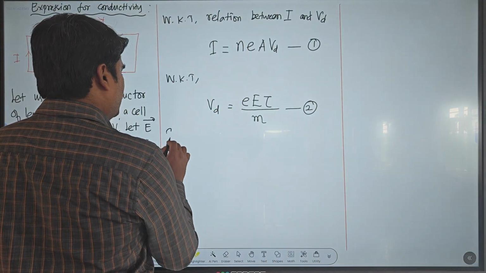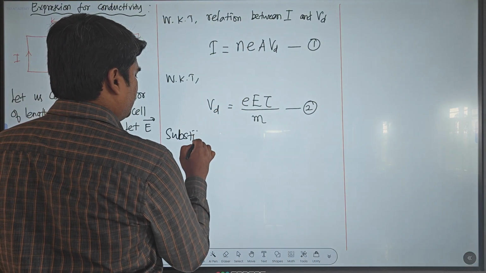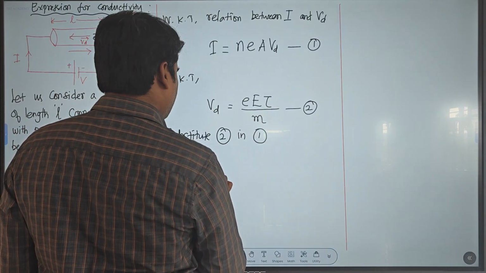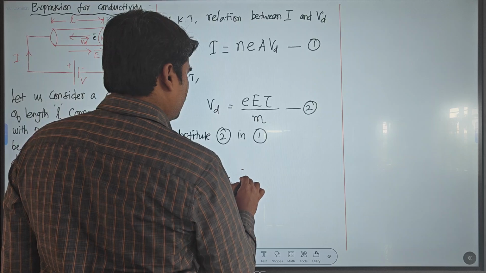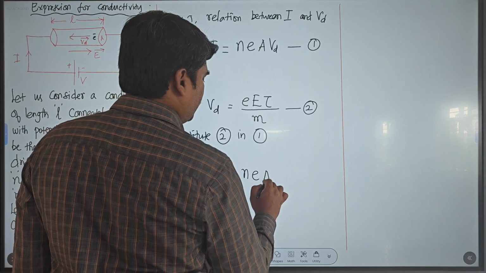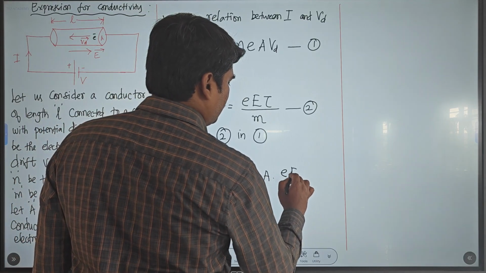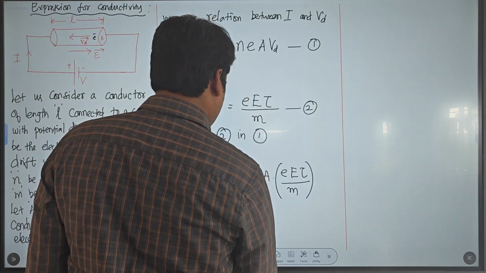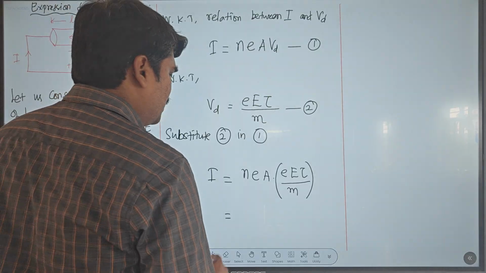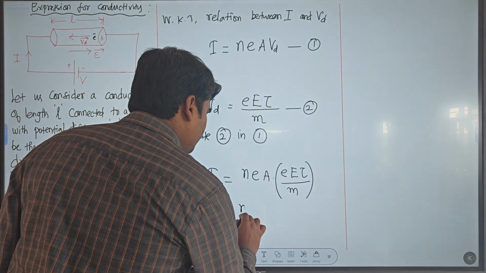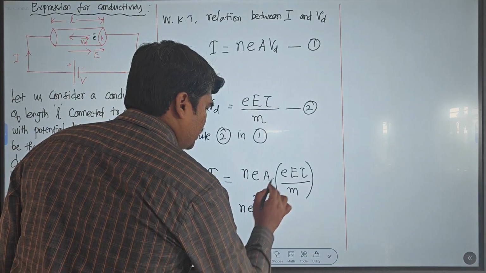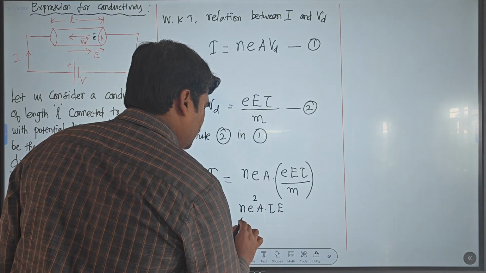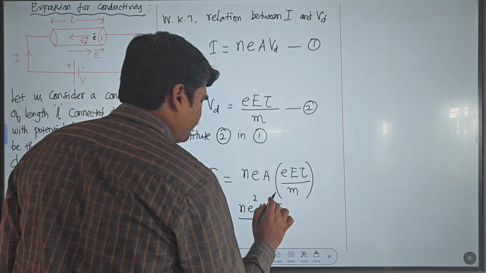Now what are we going to do? We are just going to substitute equation 2 in equation 1. So it becomes I equals N e A into, in place of Vd, e E tau divided by m. Nothing much we have done, just substituting the value. Now if it simplifies, this becomes N e squared, e into e becomes e squared, A tau E by m.